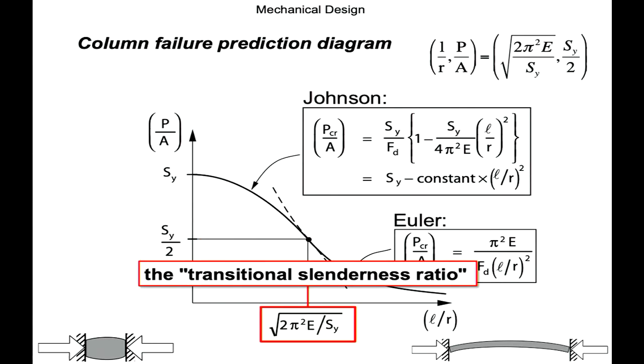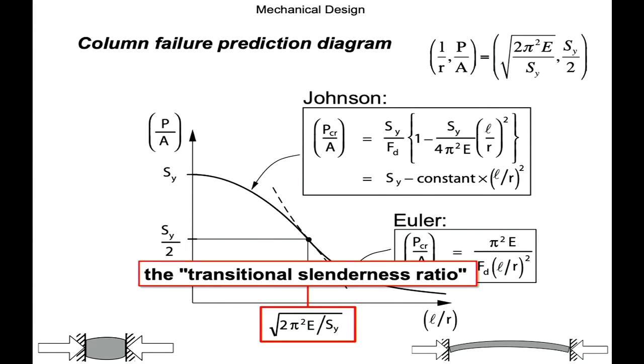This is a critical thing that I have played around with in exam settings: the transitional slenderness ratio. You might be given a problem where you've got loads and length and some parameters, and you've got to then finish the design. You can't finish the design really until, let's say, after a geometric factor. You don't know whether it's Euler or Johnson because you don't have the geometry yet.